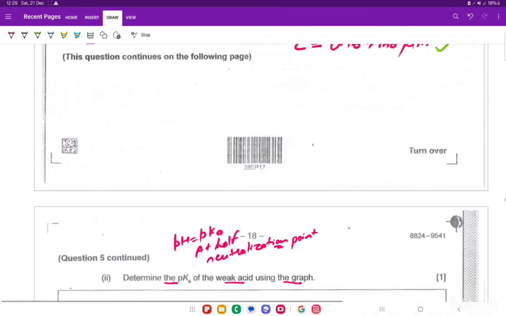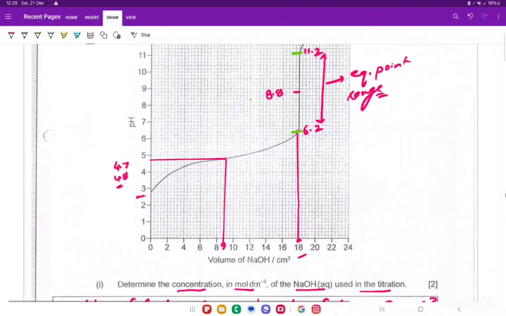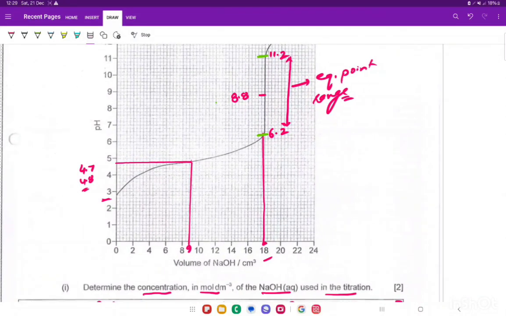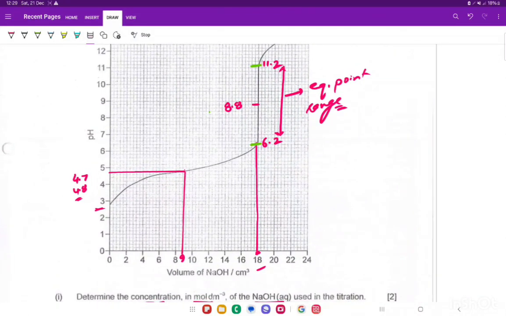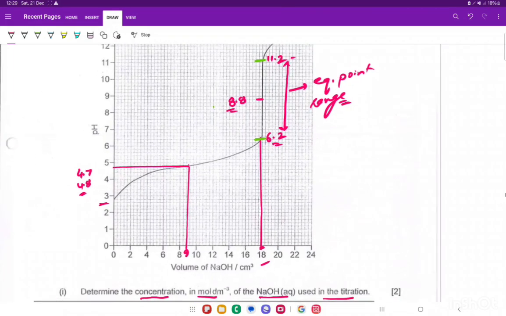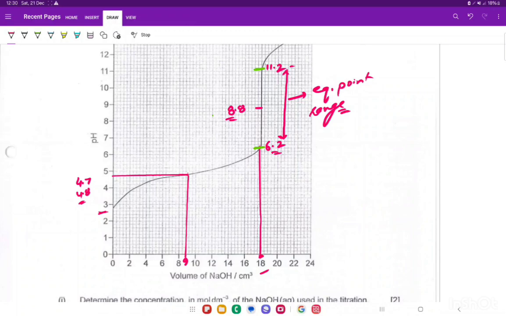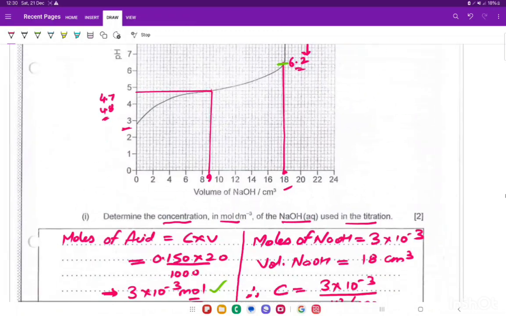If I go back to the curve, the equivalence point is around 8.8 and the equivalence point range is from 6.2 to 11.2. Since this range is in line with the phenolphthalein pH range, phenolphthalein can be used as an indicator.